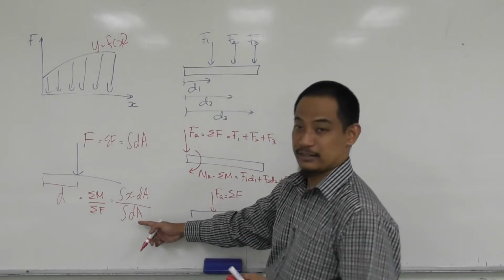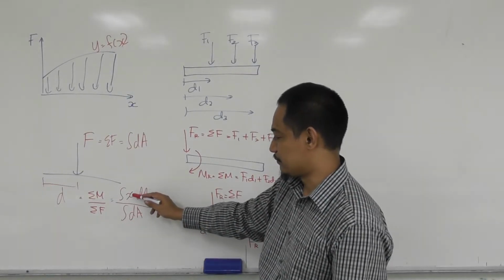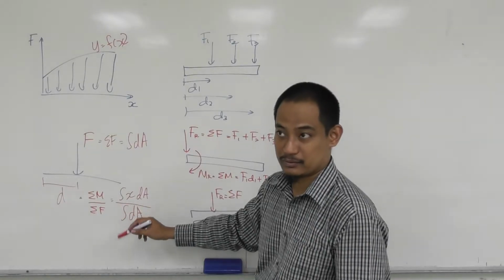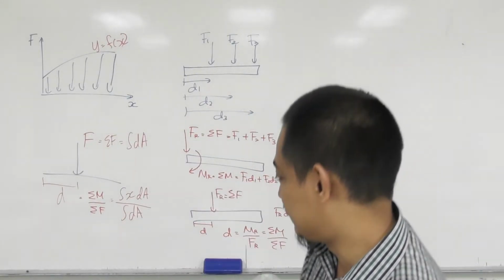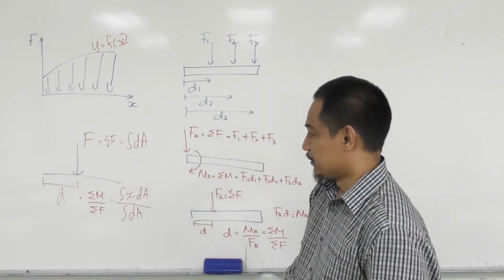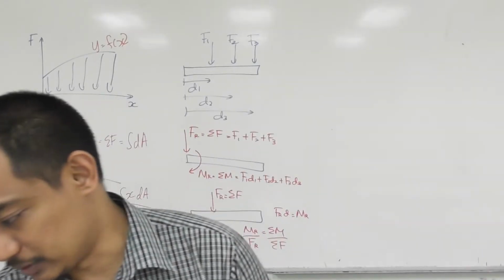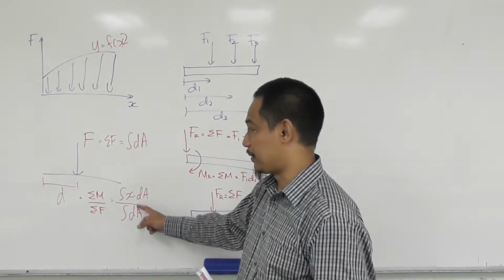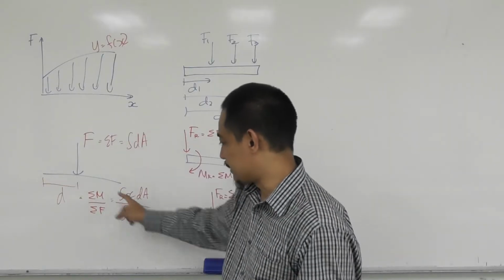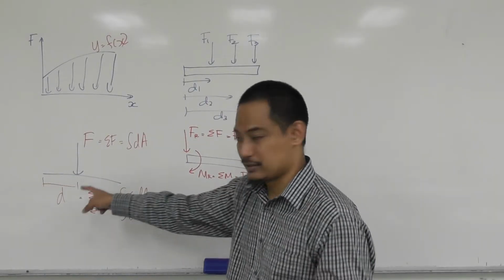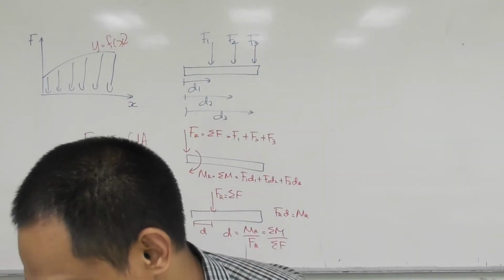This is an area in the graph, so we have area times distance, where the area is force, and force times distance becomes the moment, right? So the same concept there. If you have a distributed loading, this equation can be applied and you can integrate to get the force and the distance corresponding to any curve that you have. So that's the basic idea.